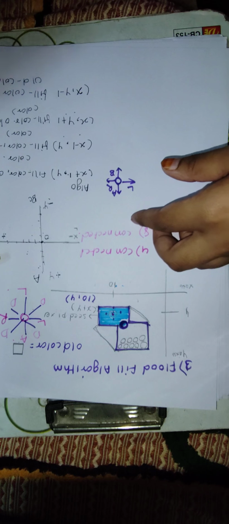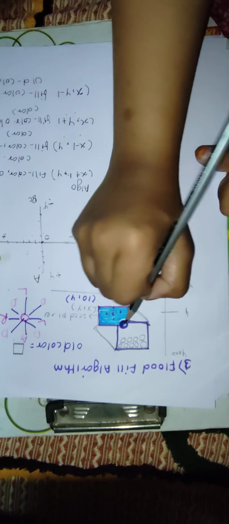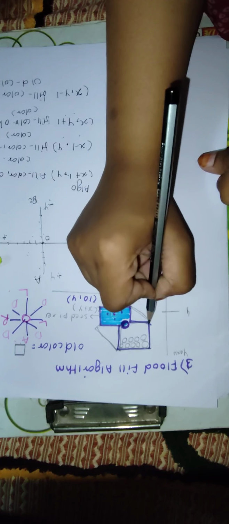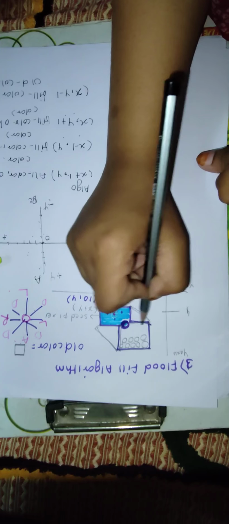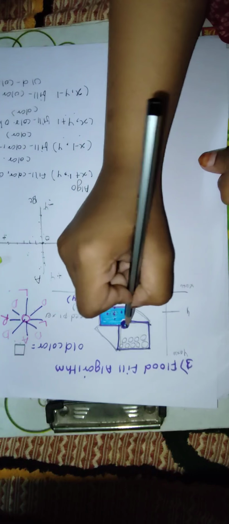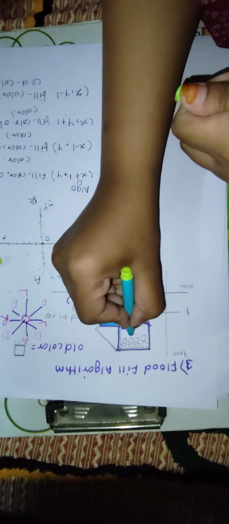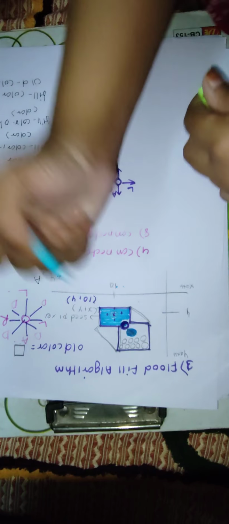Okay, now here we are reaching that point, so he can't go in the upward direction, the downward direction, or to the left or right side. If he finds a pixel available diagonally, he can fill the color with sky blue as the new color.